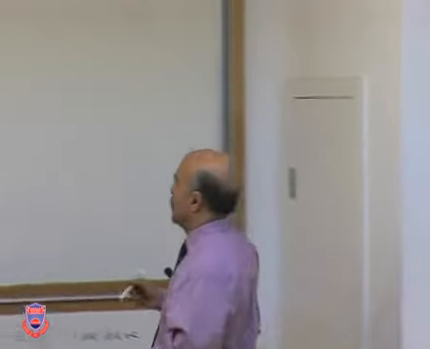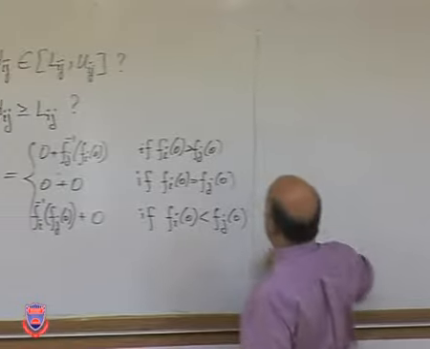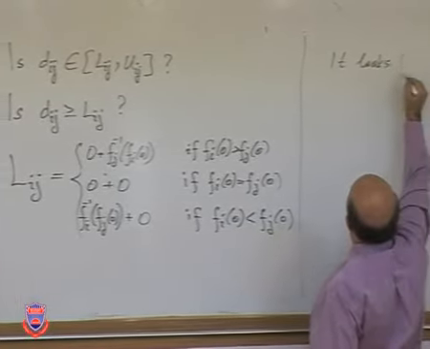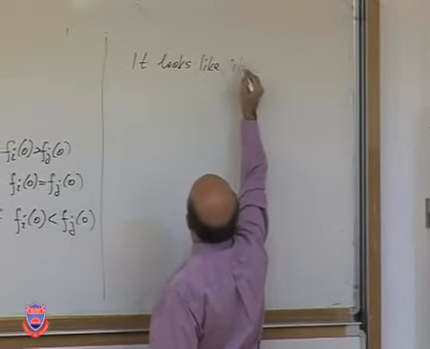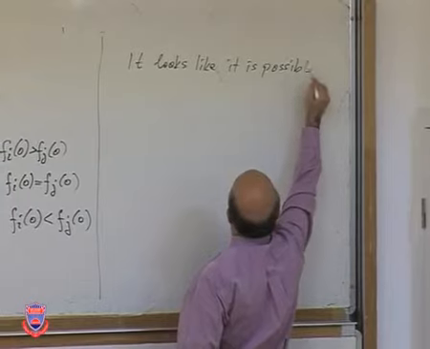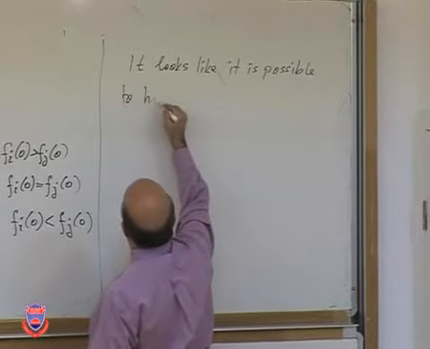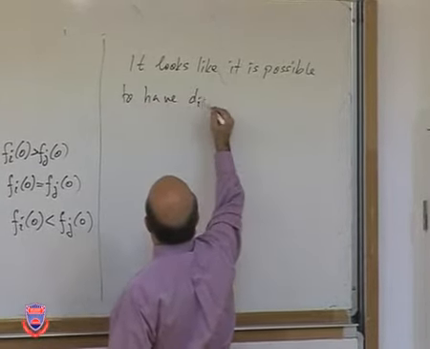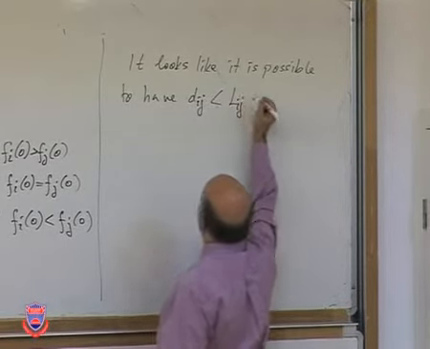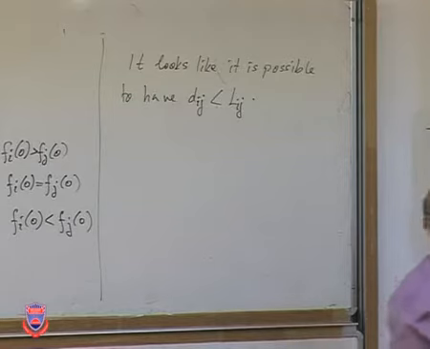So, let me just leave you with that thought. That's my conclusion. That the actual distance between i and j can be less than Lij.